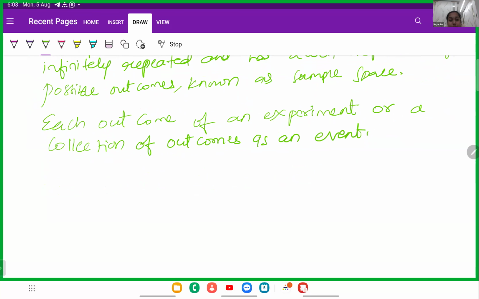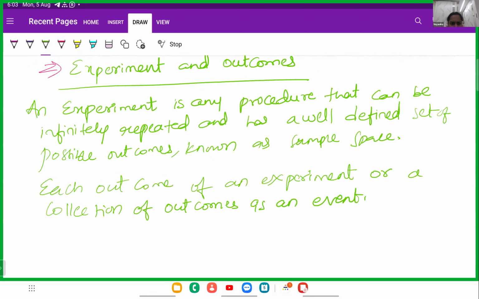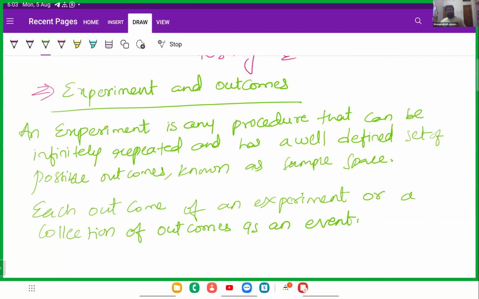Don't worry, sir, I will explain. Go a little bit up, sir. Sir, what is the title? Experiment and outcomes. Sir, what are you doing? I went to the washroom and came back, sir. Oh, cool, no worries. So what is written after known as? Sample space. Okay, sir.